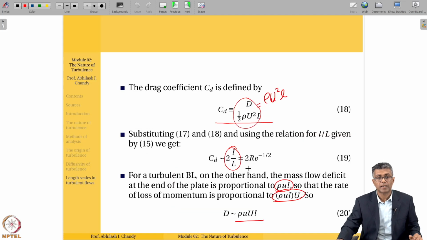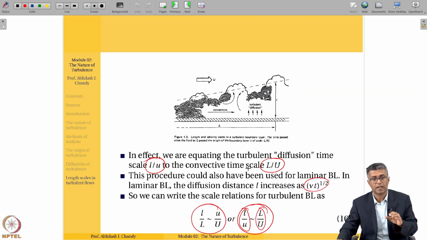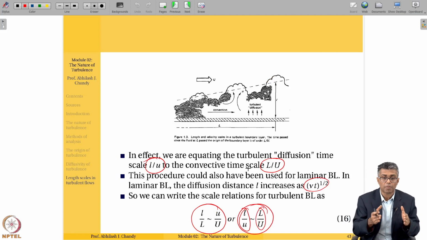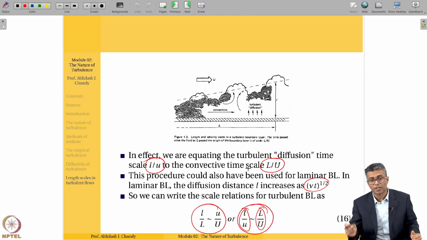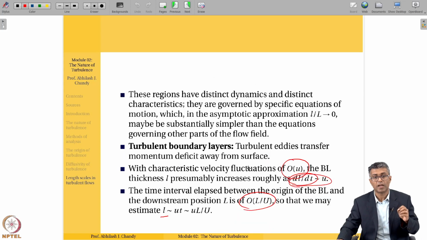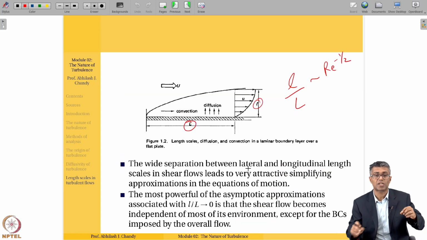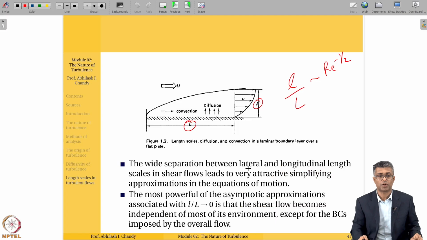So here in this class, what we have done is we have looked at the length scales of turbulence. And we came up with two different length scales, the convective length scale and the diffusive length scale. The convective length scale is the one along transport.